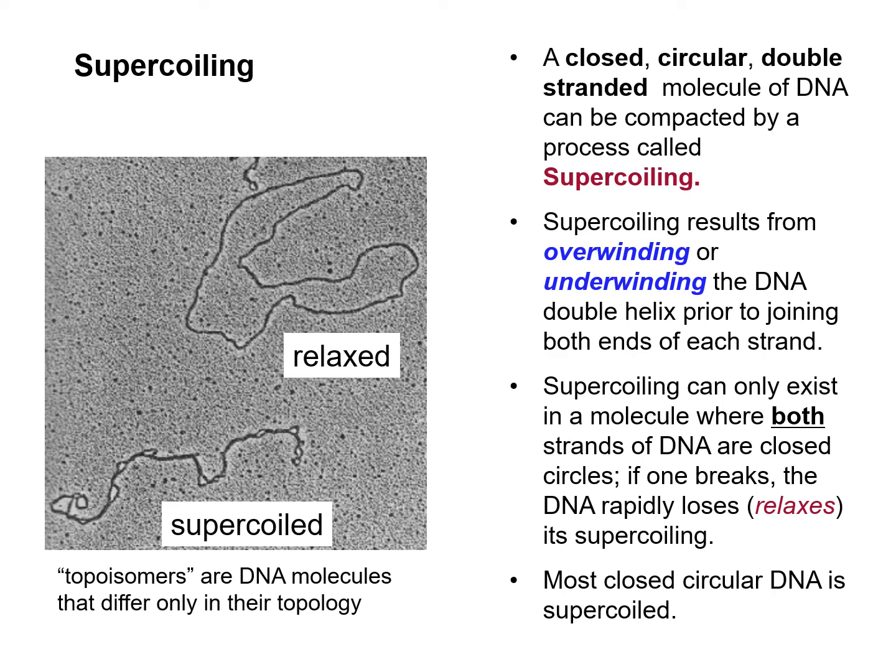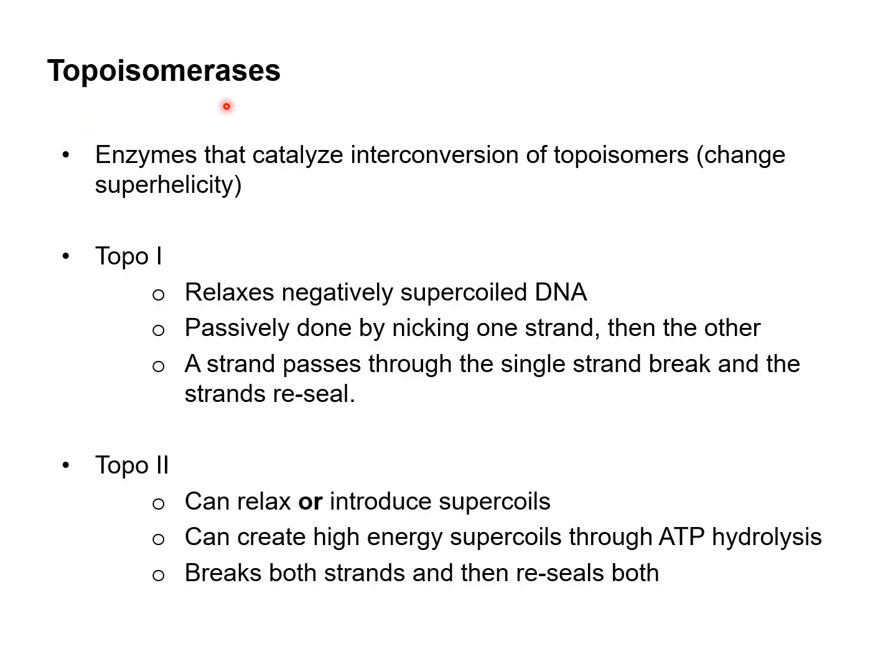And most closed circular DNA is supercoiled, looking like this. And topoisomerases are basically the enzymes that change the number of supercoils of the topoisomers of the DNA. So it basically changes the superhelicity.